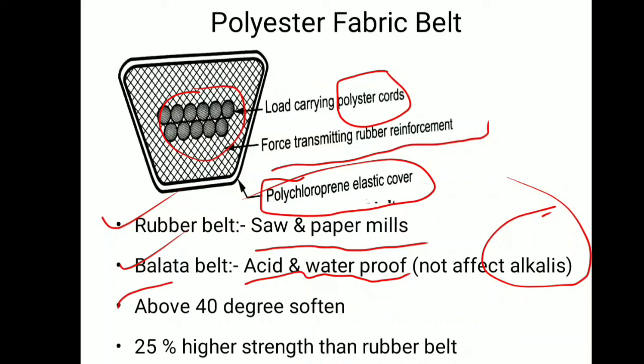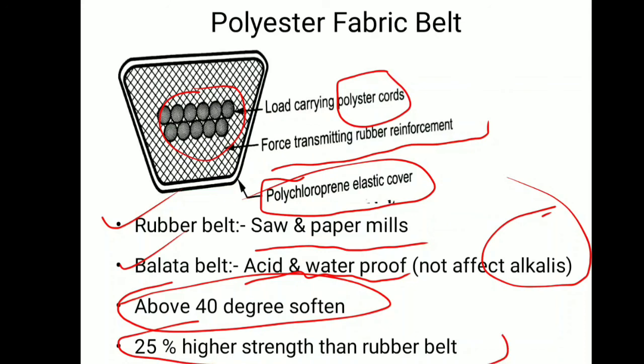It will reduce its strength, and generally it has 25% higher strength as compared to the rubber belt. So these are the basic materials which we have seen for the belt drive. I hope you understood the things.